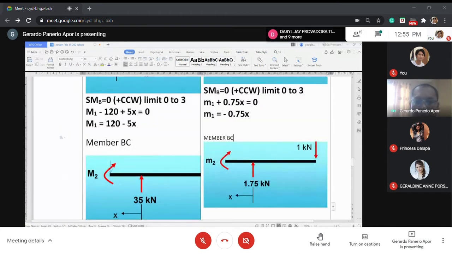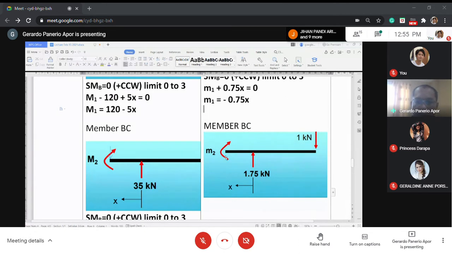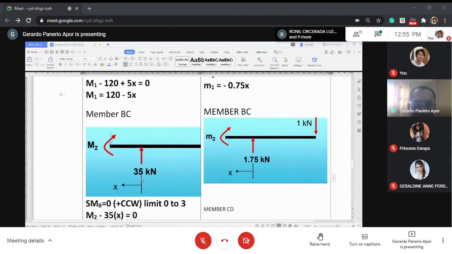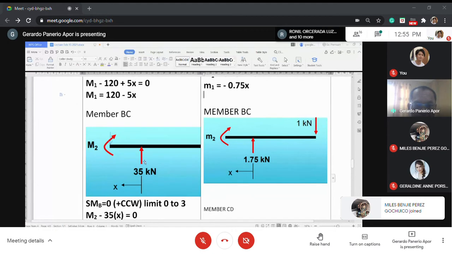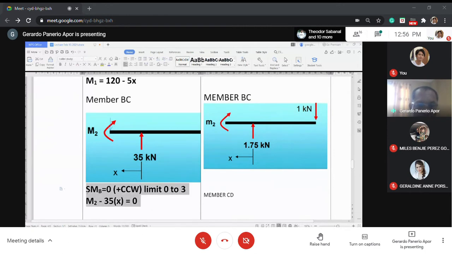So now this is B, C, D. So only from C to D. Whatever you do in big letter M, your origin is in the support. So here, your origin is also here. So summing up moment at B equals 0.